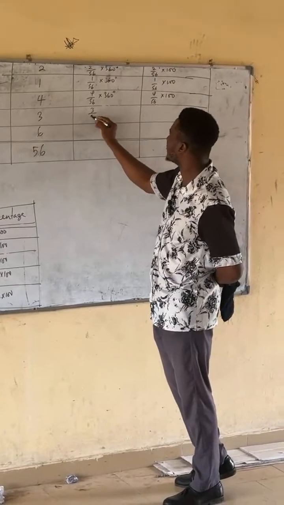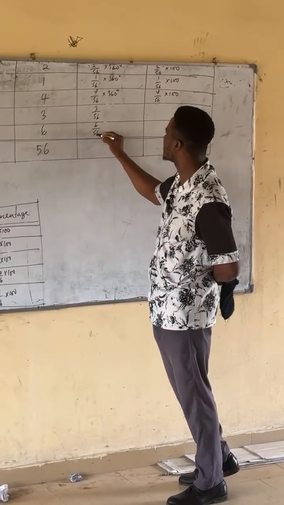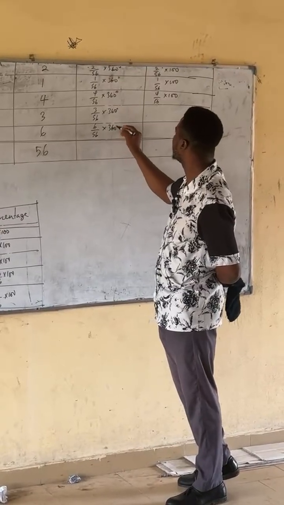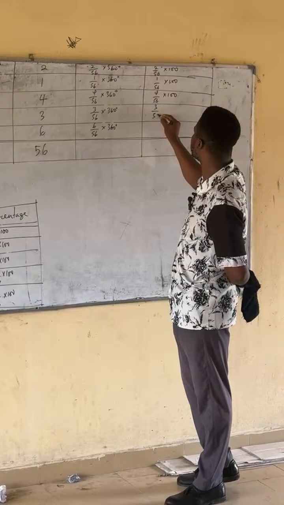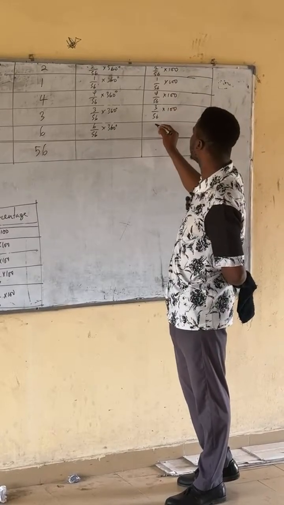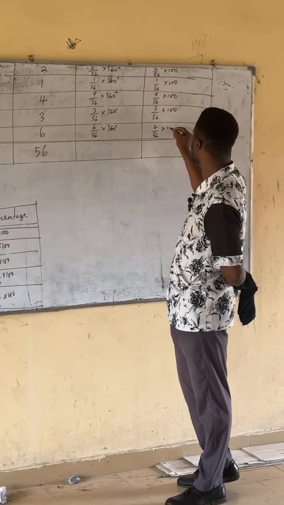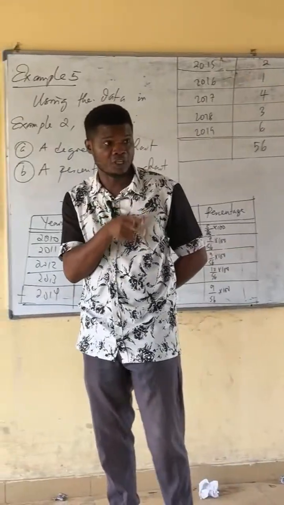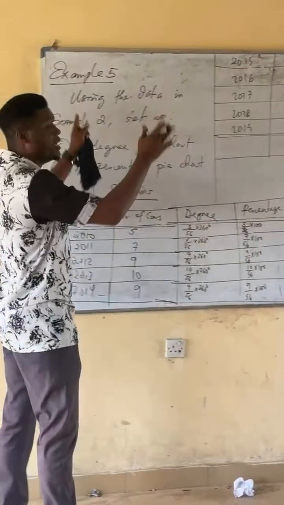This is 3 over 56, 6 over 56 times 360 degrees. This is 3 over 56 times 100. 6 over 56 times 100.